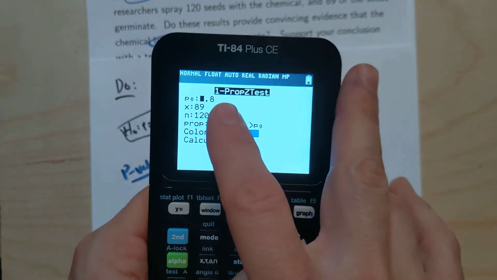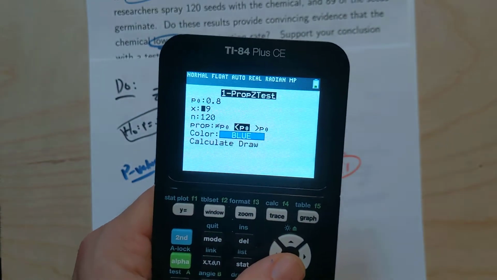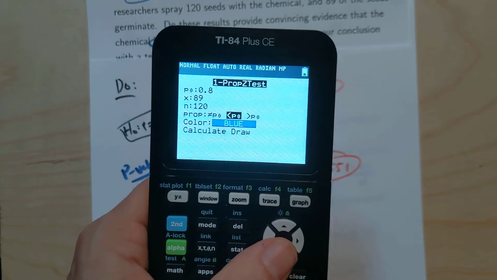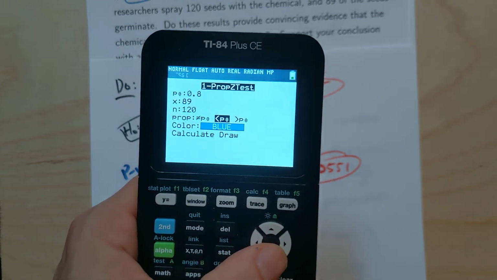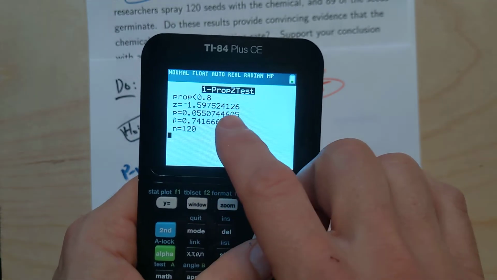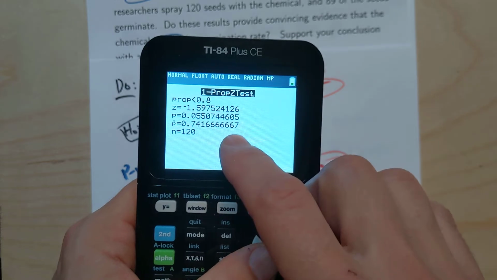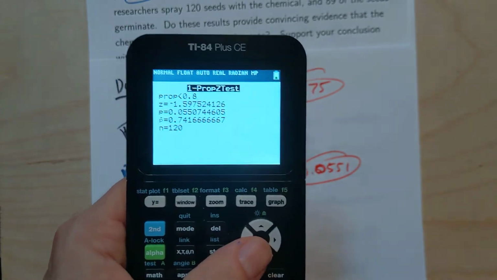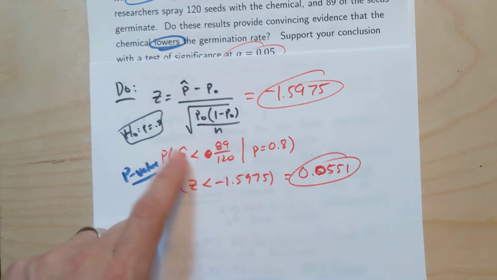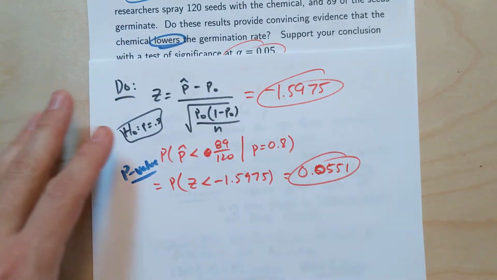For p naught, I'd put in 0.8. For x, the number of successes I had, that's 89. My sample size was 120. I would do less than and calculate. Boom. Notice I got the same thing. It's all there. It even tells me what p-hat was in case I hadn't calculated it before. Isn't that nice? So here's all the formula stuff, but the calculator would have shown the same thing.